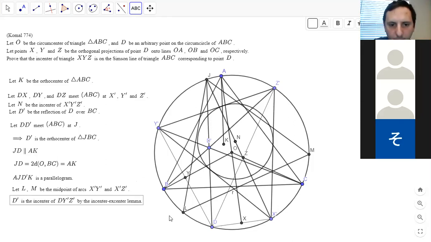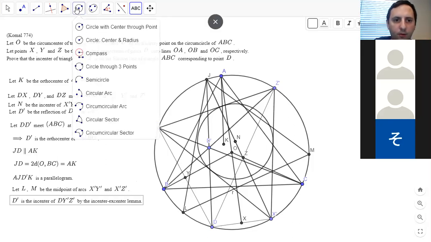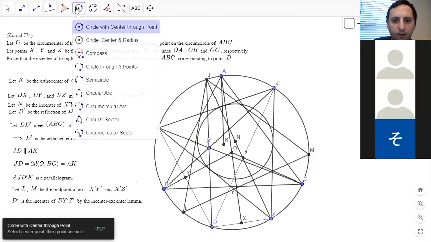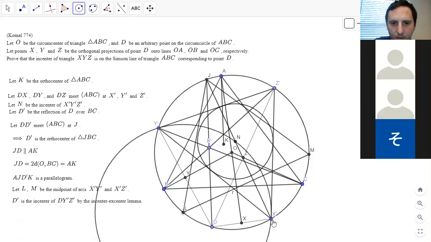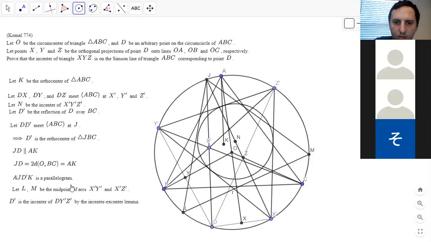Say that one more time? LN equals LX prime. Okay, so basically, and similarly, MN equals MX prime. So LM is the perpendicular bisector of X prime N.